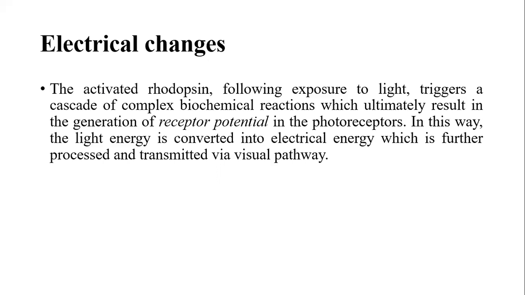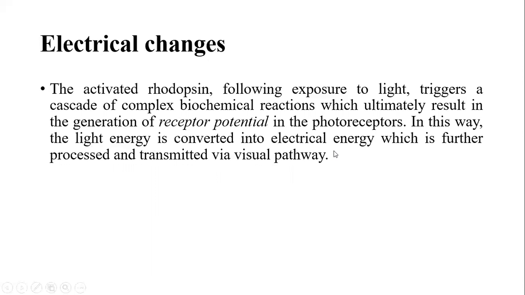This is the most important. So rhodopsin, what is it doing? All the biochemical changes are happening, and the ultimate goal is to change the photo energy, or light energy, to electrical energy.